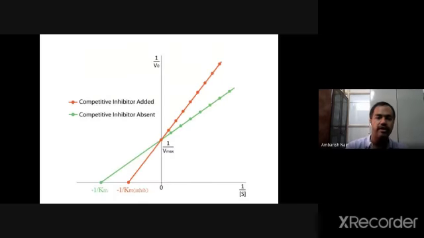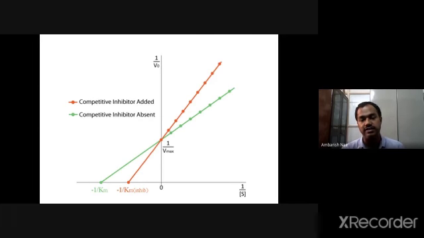So if you plot 1 by V naught versus 1 by S naught, you will get a straight line, because that equation is for a straight line, y is equal to mx plus c. I hope you remember. So there are two straight lines here.